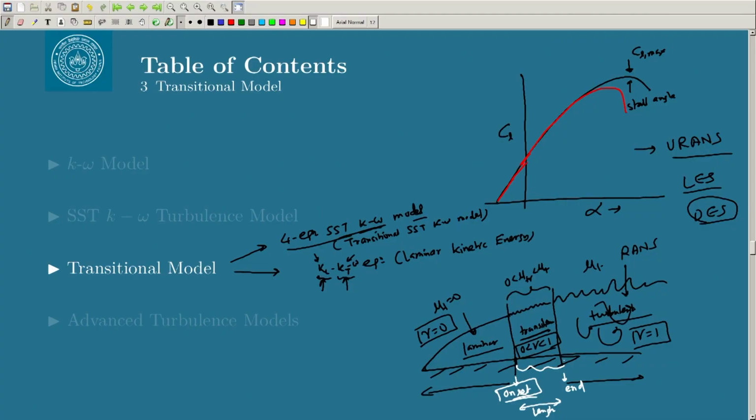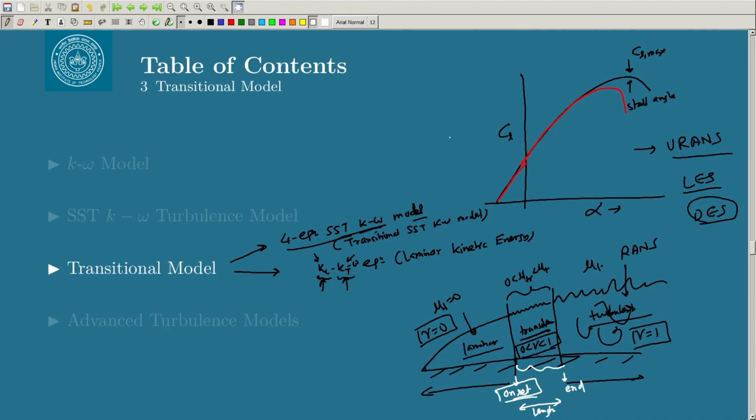Maybe the free stream intensity is high, there is turbulence in the background, and because of that your transition will not be natural, but accelerated. It may be so accelerated that it goes to a stage called bypass transition. That means this entire region may be very small or may not exist to your eye, it becomes turbulent in a very small region. That is called the bypass transition.